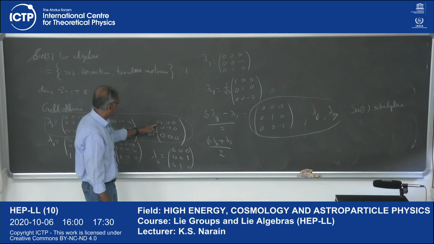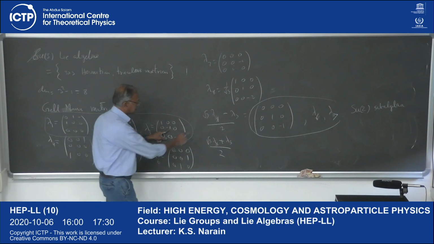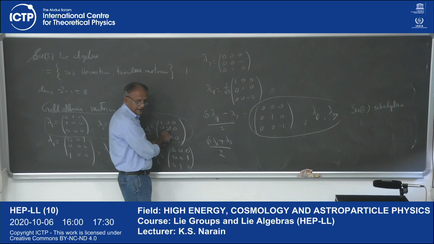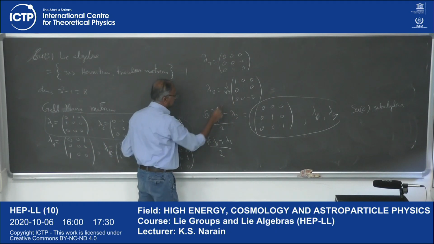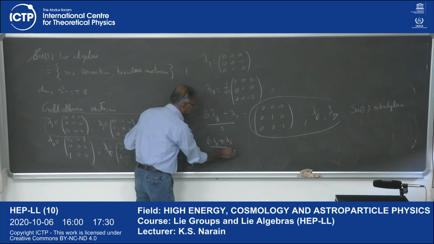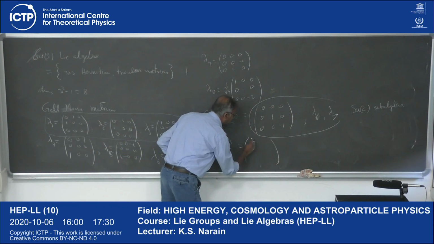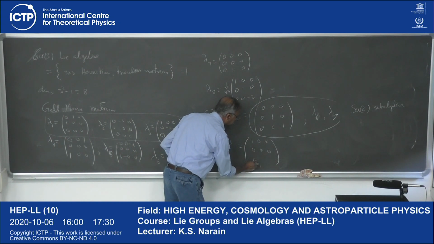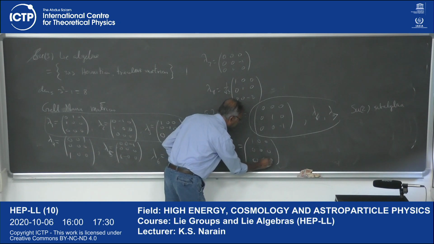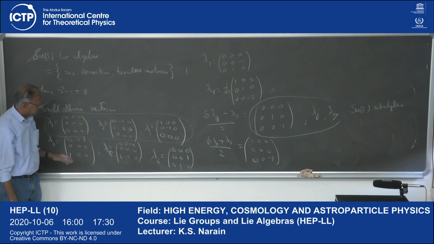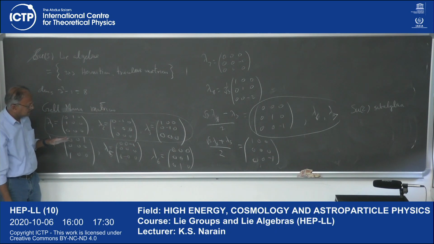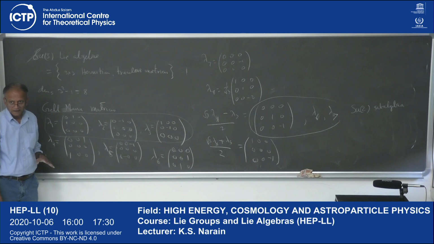If I now do plus, you see the middle one will cancel, and you are left with 1 and minus 1. There's a factor of 2. So this is nothing else but 1, 0, 0, 0, 0, 0, 0, 0, minus 1. So there are these 3 SU2 subalgebras inside. Already we see directly.